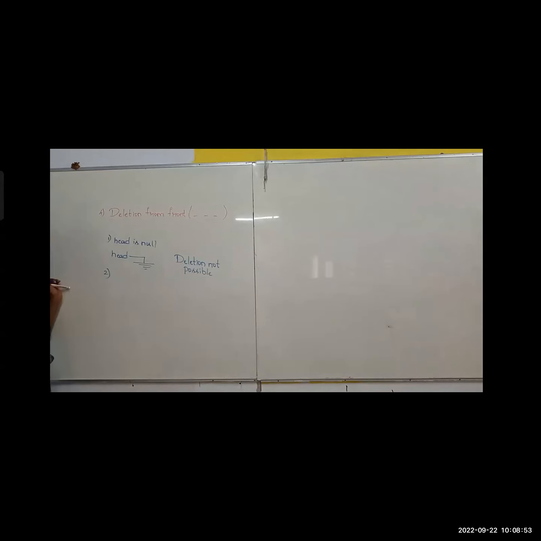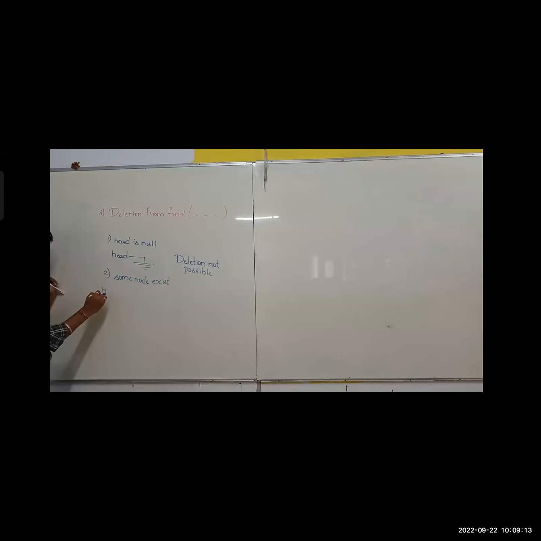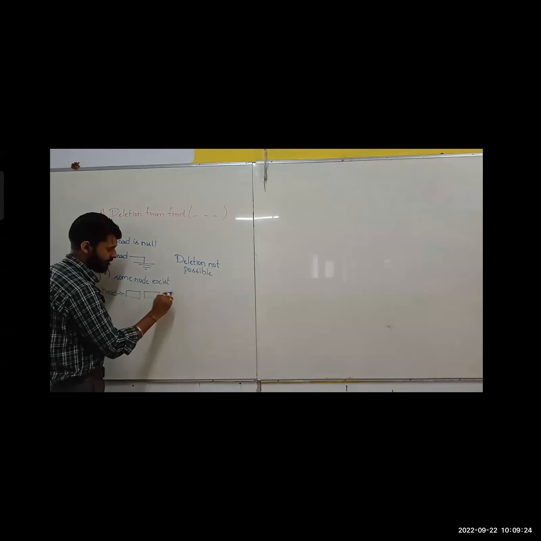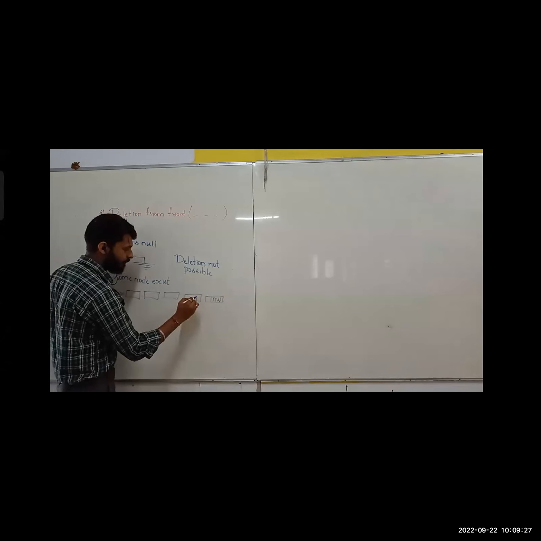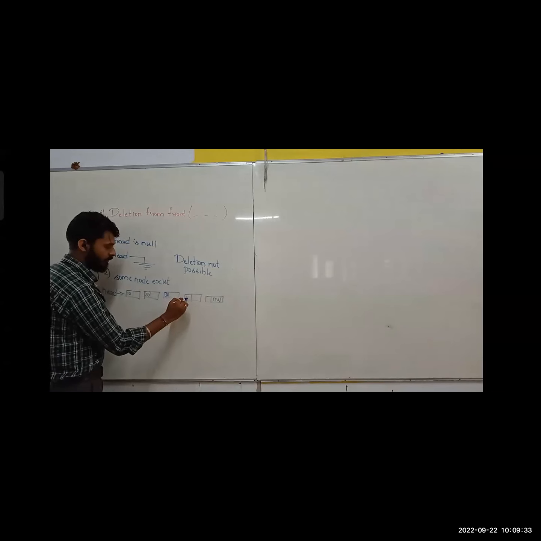Next, assume that there are some elements, means head is not equal to null, so some nodes exist. How will it look then? This will be your head, and here first, second, third, fourth, fifth, and this will be your null. 10, 20, 30, 40, 50.